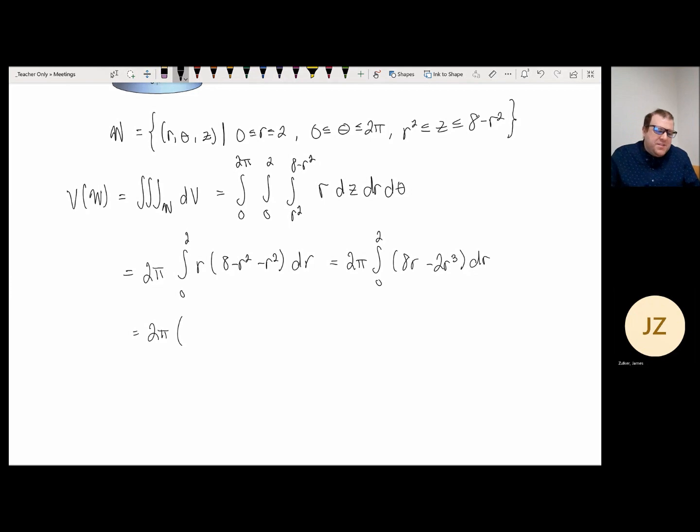Volume would then be 2 pi times the integral from 0 to 2 of 8r minus 2r cubed dr. That's 2 pi times 4r squared from 0 to 2: 4 times 4, 16, minus 1/2 r to the 4th from 0 to 2.